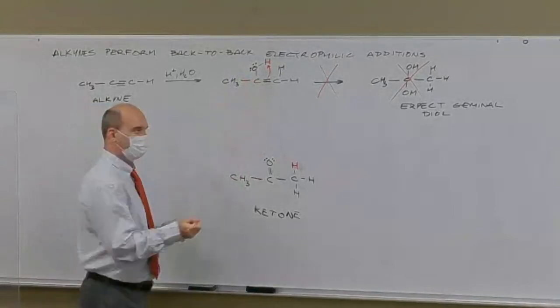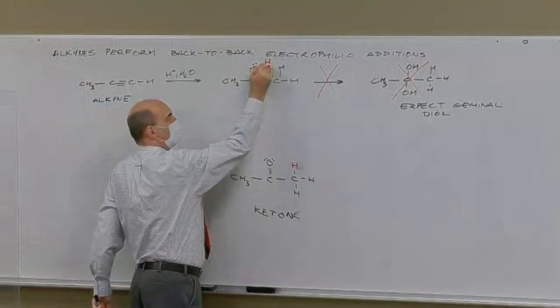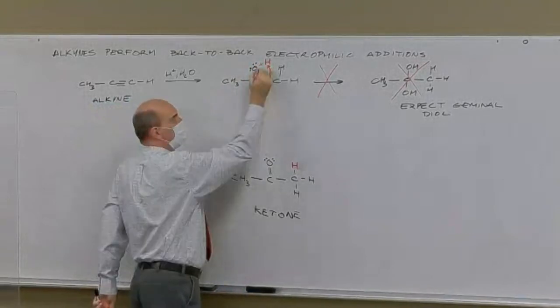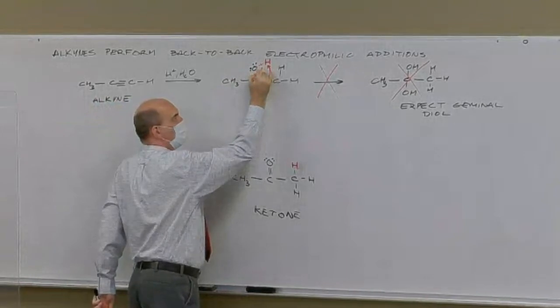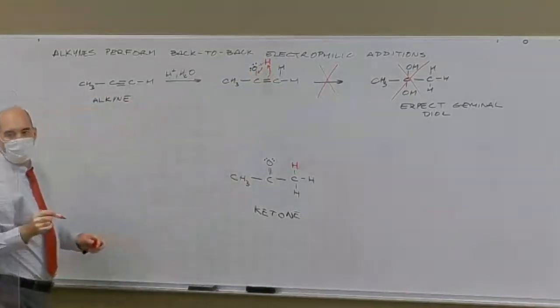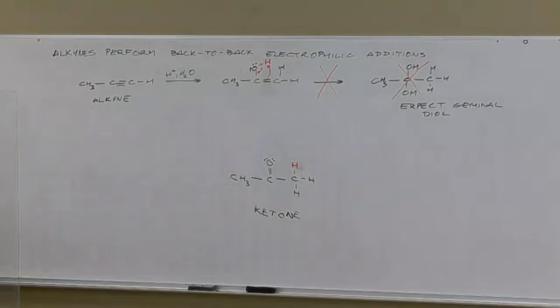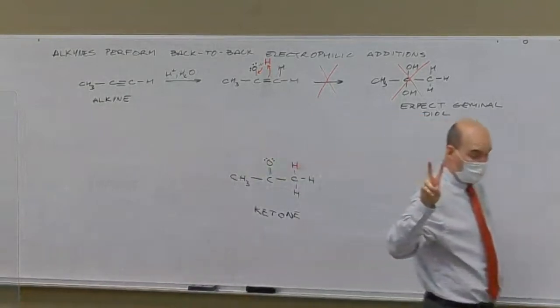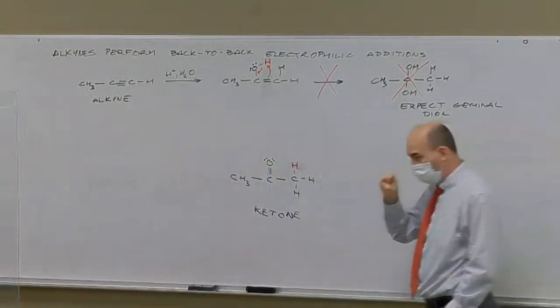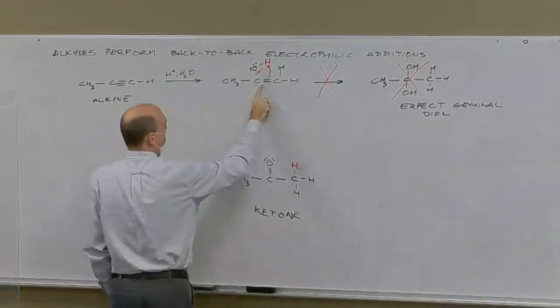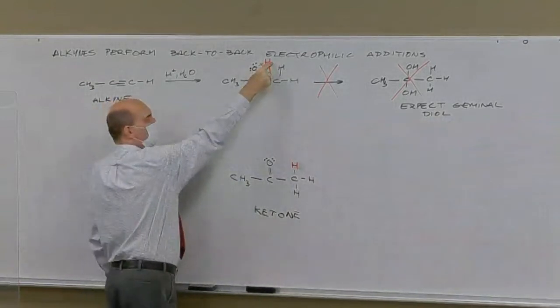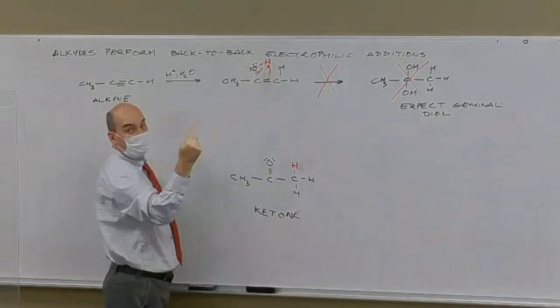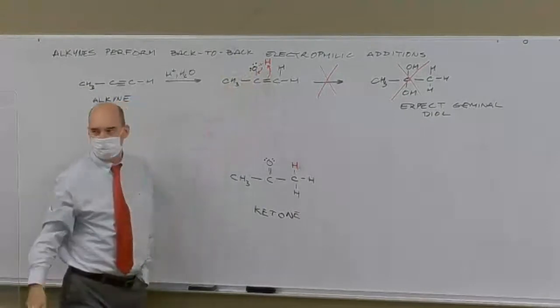Or I can just cheat and say those 2 electrons, that oxygen's hydrogen bond, go ahead and make a new pi bond. So you can describe this with 2 arrows, or you can describe it with 3. You describe it with 2, pi bond grabs the hydrogen. The hydrogen lets go of its electrons and they become the pi bond.